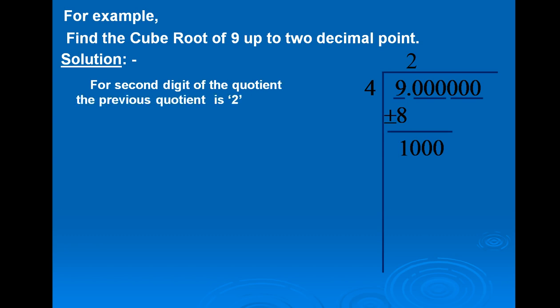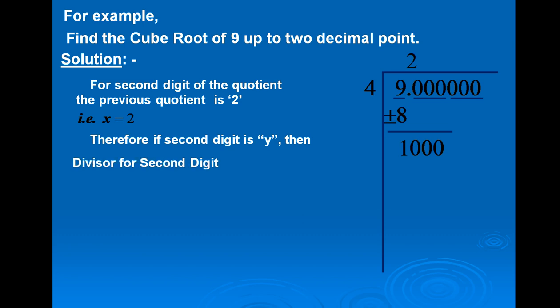Now for the second digit of the quotient, the previous quotient is 2, that is x is equal to 2. Therefore, if the second digit is y, then the divisor is 30 multiplied by 2, multiplied by 2y, plus y square.